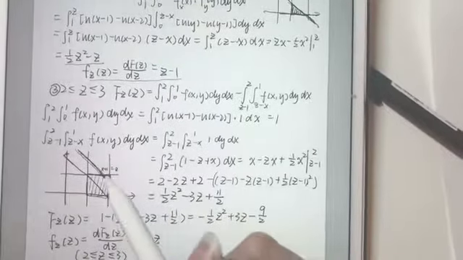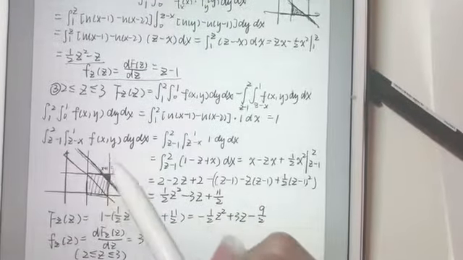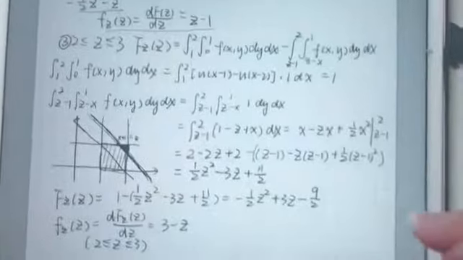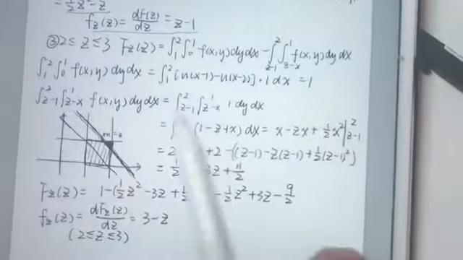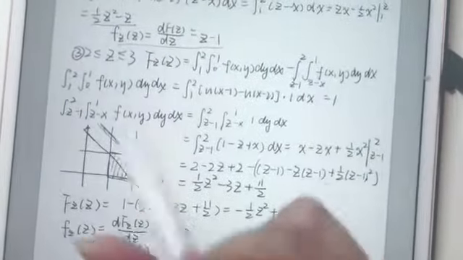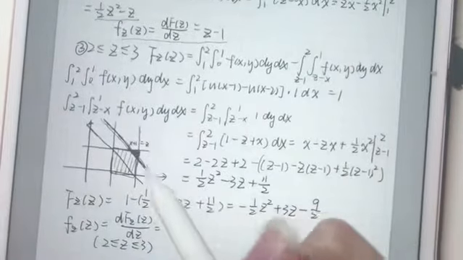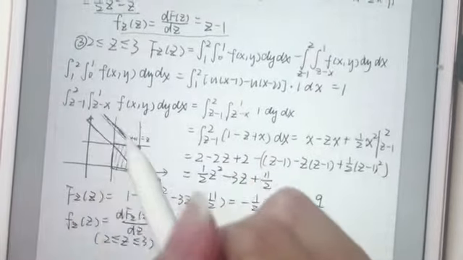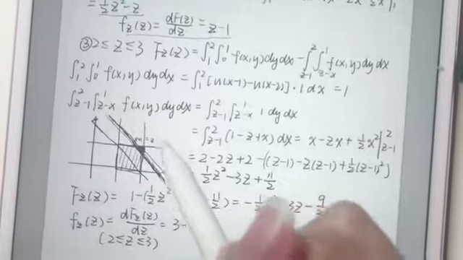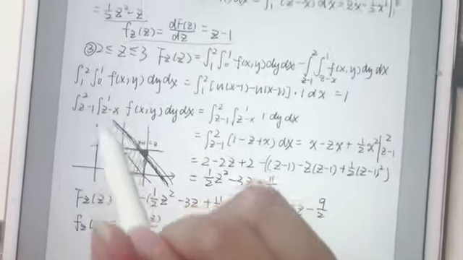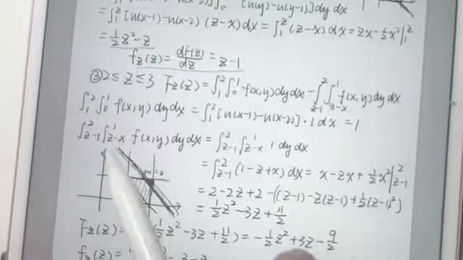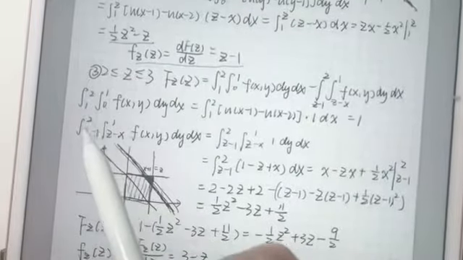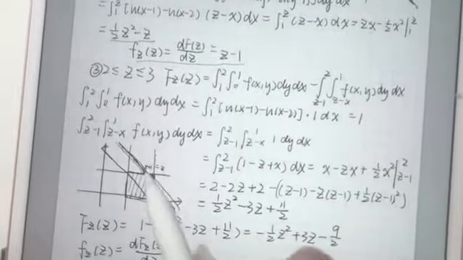Now we get the integral of the triangle area. For the triangle, y is between this line and 1, that is z minus x to 1, and x is between z minus 1 and 2, from this point.